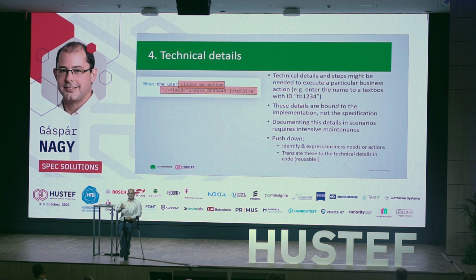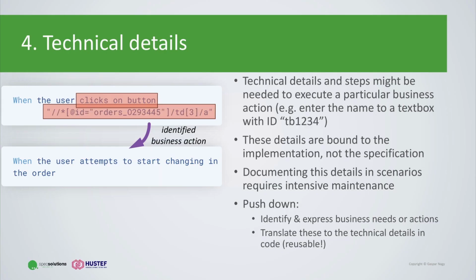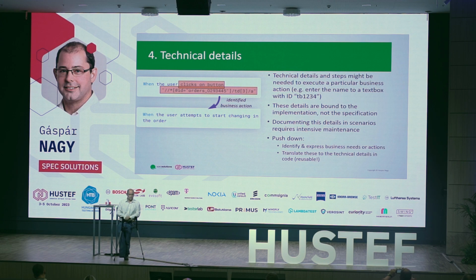Unfortunately, to be able to fix this, it's hard work, because you need to go to the why question. Why we clicked the button, what was the business purpose of that, and somehow we need to identify this business need and refine the scenario based on that. Maybe in this case, we wanted to click that particular button because we wanted to start changing an order.